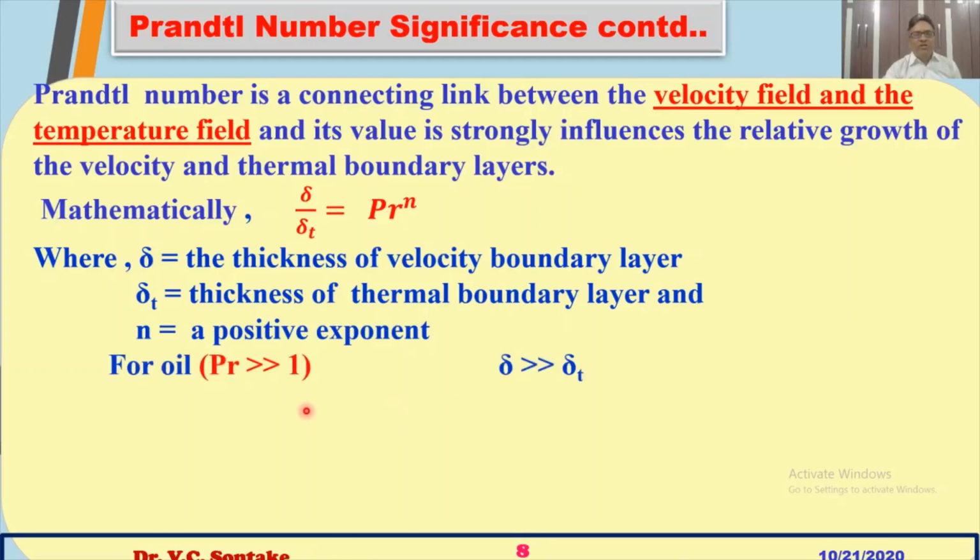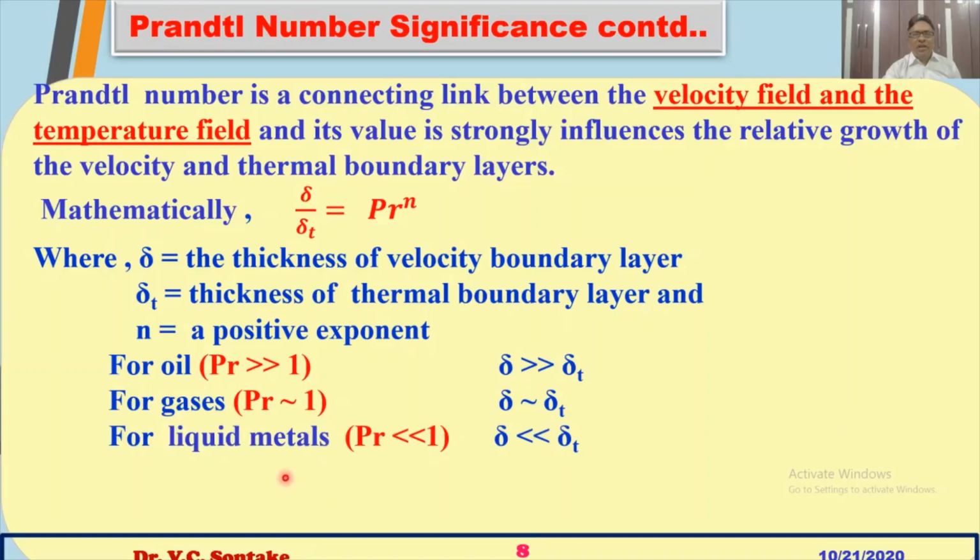Just now we have discussed that for oil, or highly viscous oil, the value of the Prandtl number is very high, greater than 1. So for oil, the thickness of the velocity boundary layer is much greater than the thickness of the thermal boundary layer. For gases, the value of the Prandtl number is almost equal to 1, so the thicknesses of the velocity boundary layer and thermal boundary layer are almost the same.